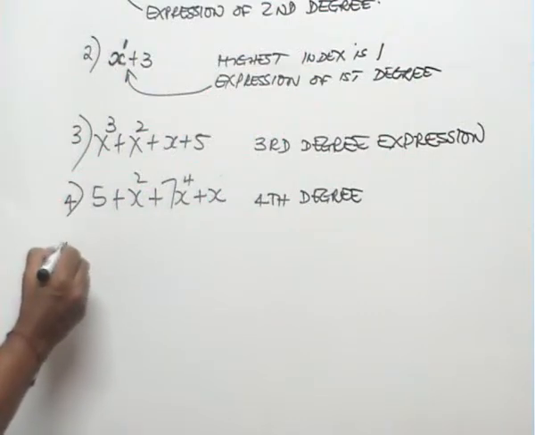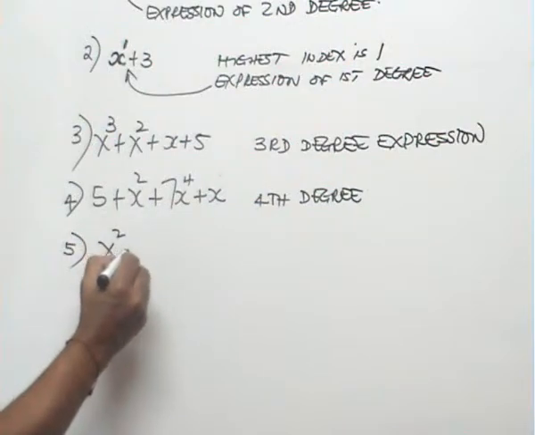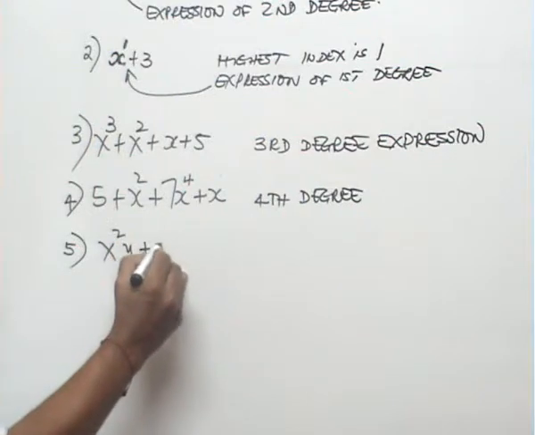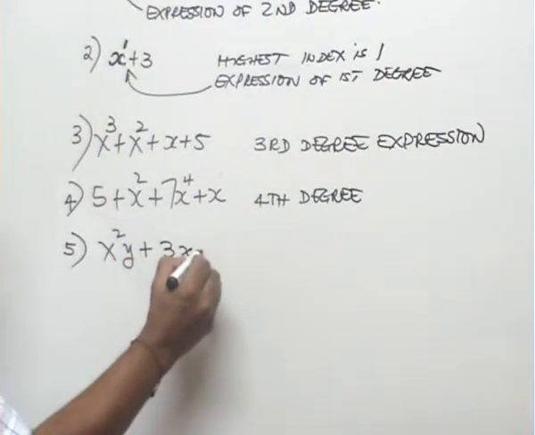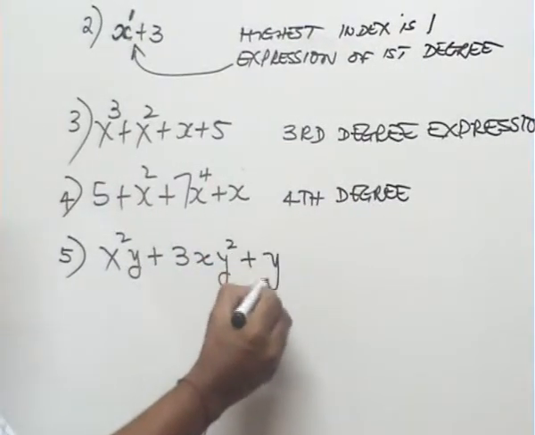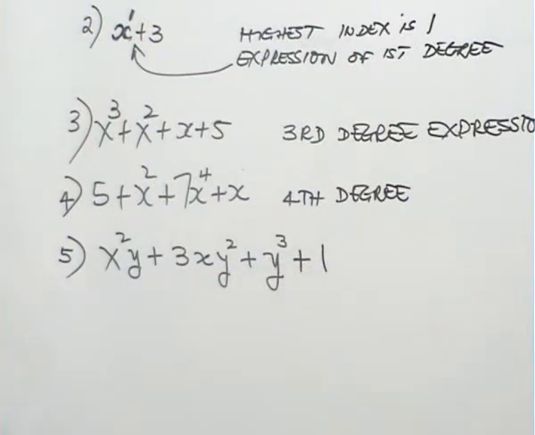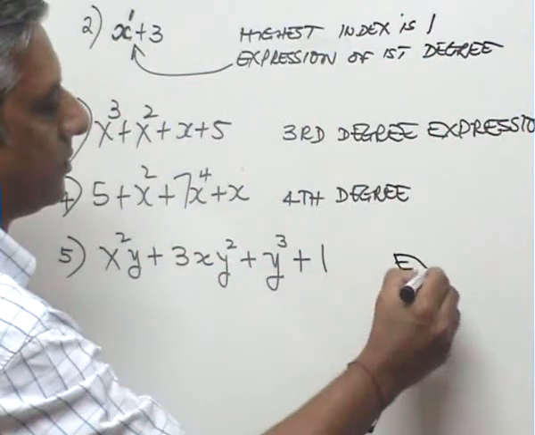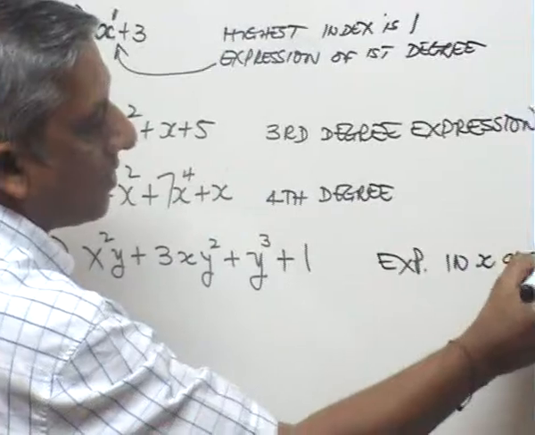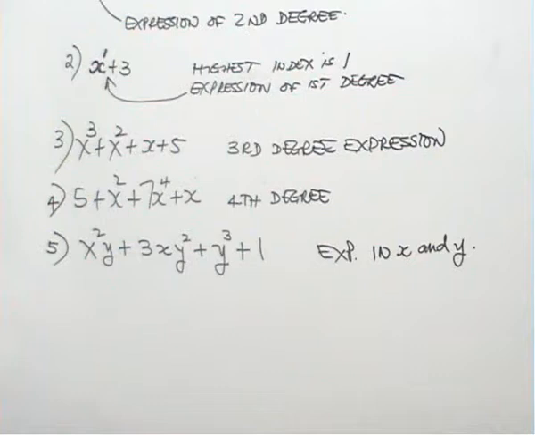Now let's make it a little complicated. Now you can get a question like this. Now we have an expression in x and y. Now we've got an expression both in x and y.